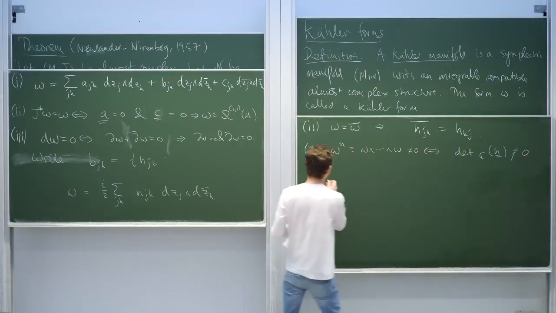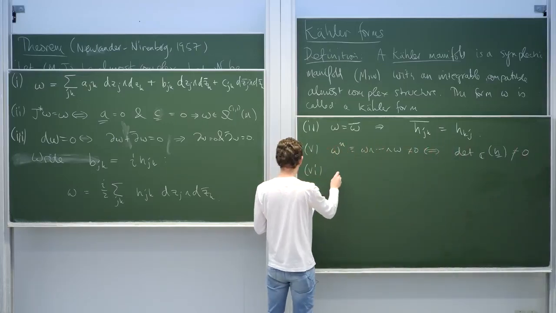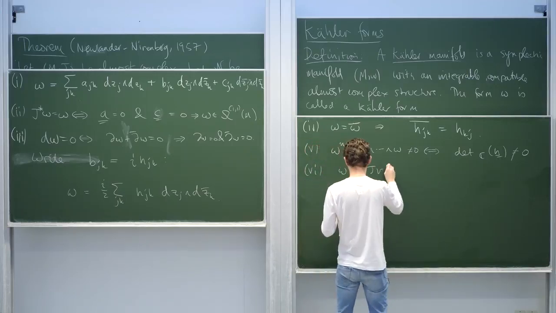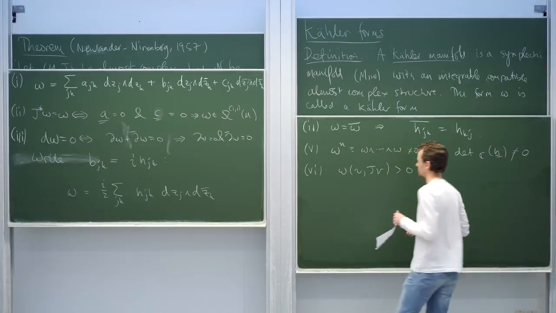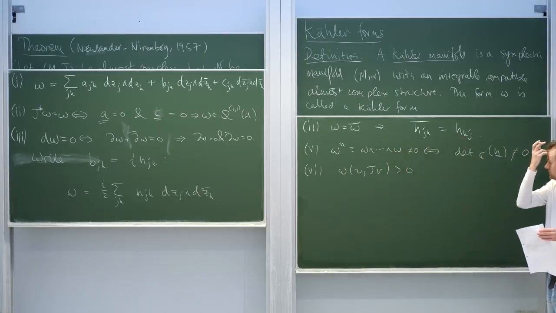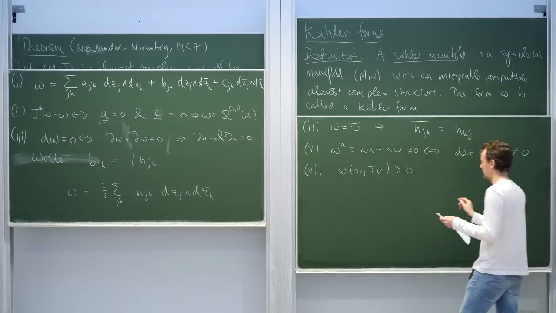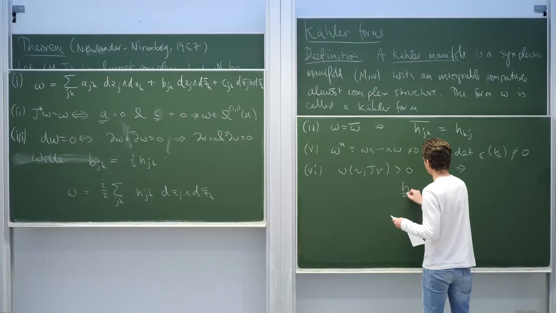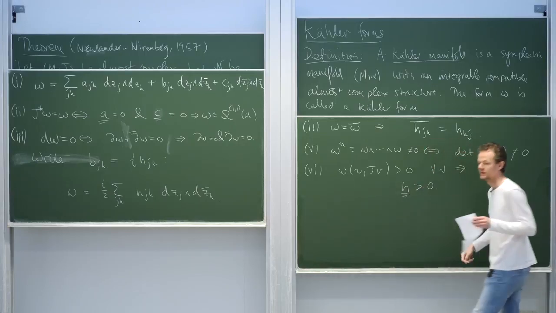We've got one more property we haven't used, namely that because we have a compatible complex structure, omega(v, Jv) is strictly greater than 0 for all v. So that means it's like a locally Riemannian. And that tells us, in turn, that as a matrix, H is positive.